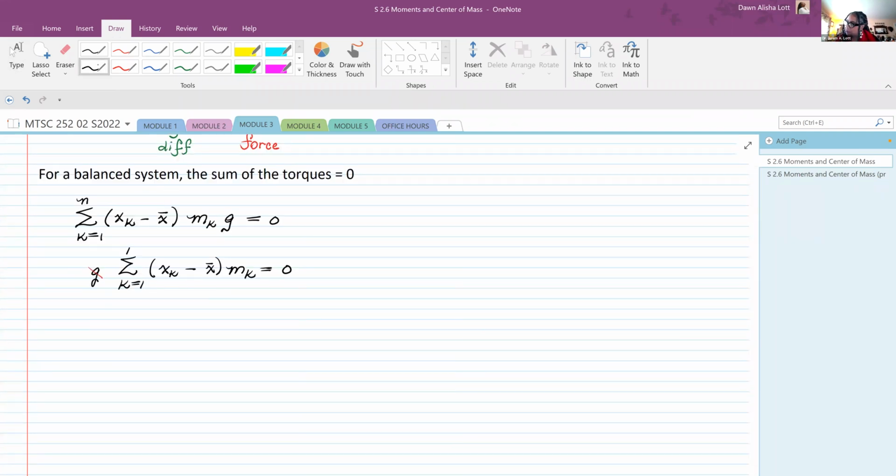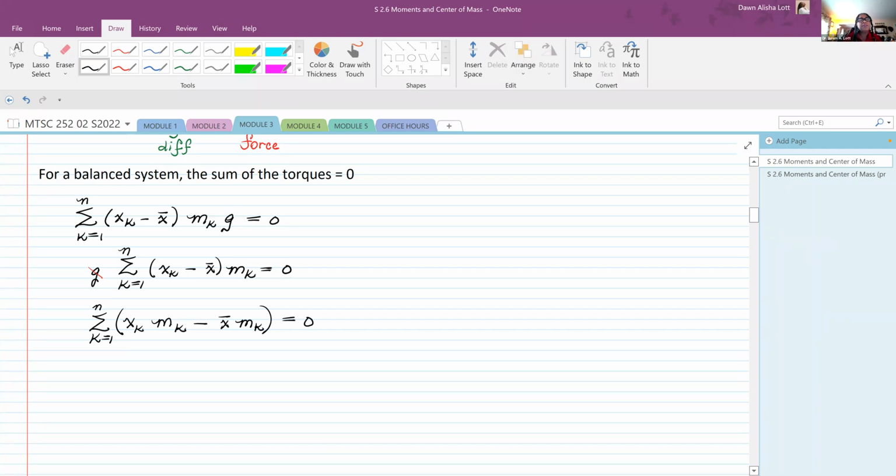Okay, so now let's multiply what's left. So we get the sum from k equals 1 to n. I don't know what happened to my n here. That does not look like an n, but now that's an n. And I'm going to get xk times mk minus x bar times mk, in parentheses, and that is equal to 0.